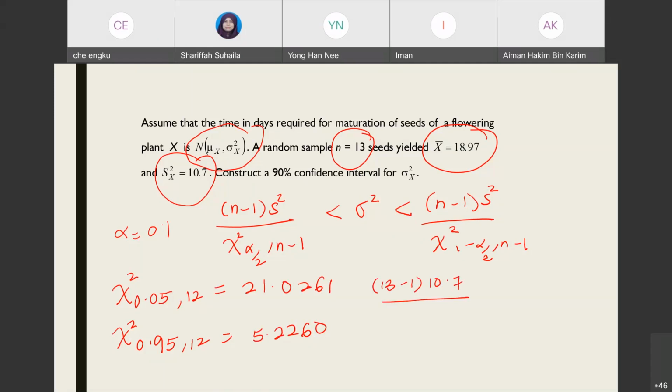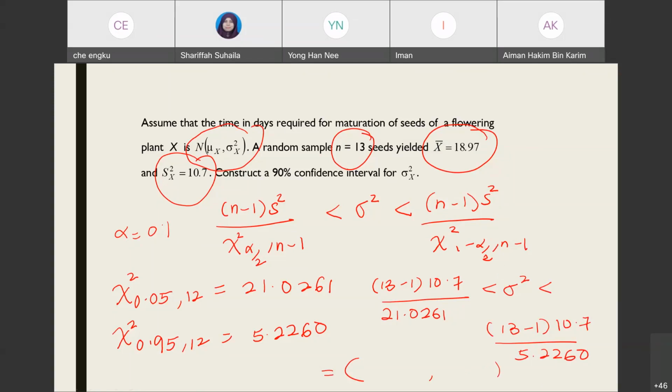So chi square 0.05 is 21.0261, less than sigma square, less than, divided by 5.2260. Give the value: what is the lower limit and what is the upper limit. So that is your confidence interval for population variance.